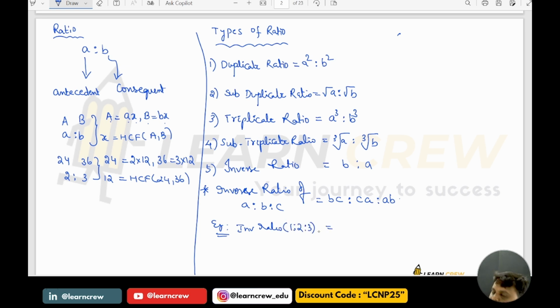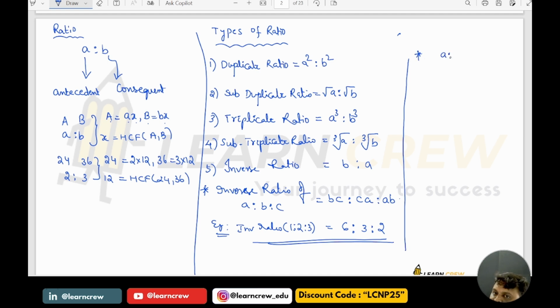Inverse ratio of A is to B is to C is BC is to CA is to AB. BC: 2 into 3 is 6, CA: 3 into 1 is 3, AB: 1 into 2 is 2. So like that, the inverse ratio of A is to B is to C is given by BC is to CA is to AB.